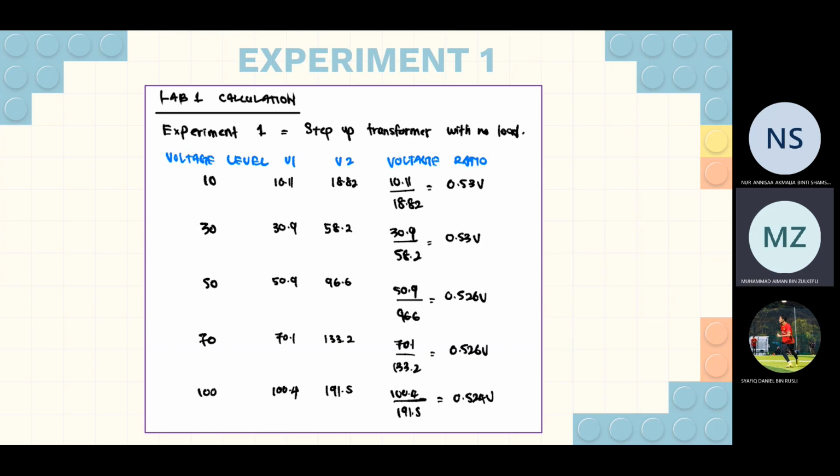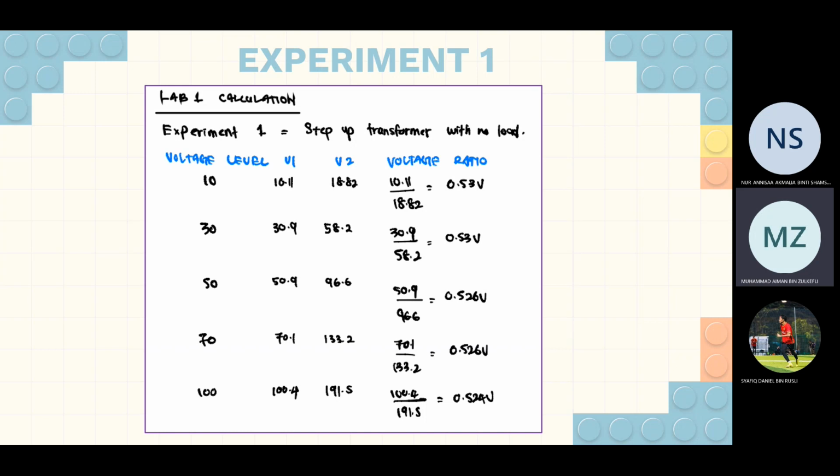For the 10 volt level, V1 is 10.11 and V2 is 18.2. So the voltage ratio we get is 0.53. How to get the voltage ratio? We use V1 divided by V2. That's the formula to get the voltage ratio.